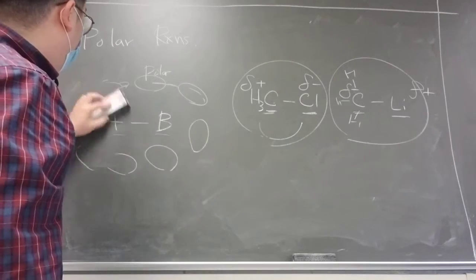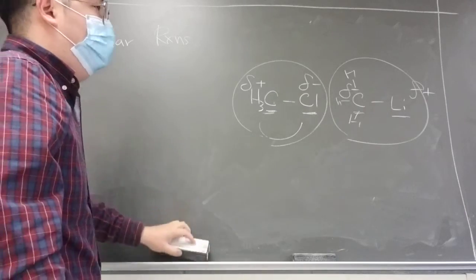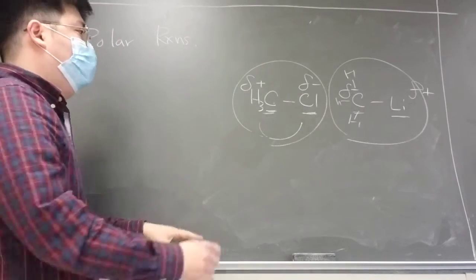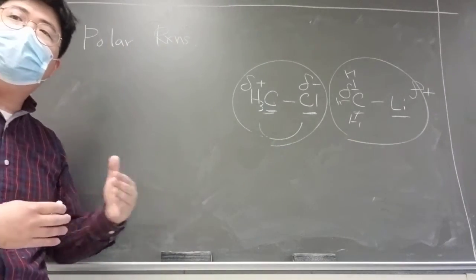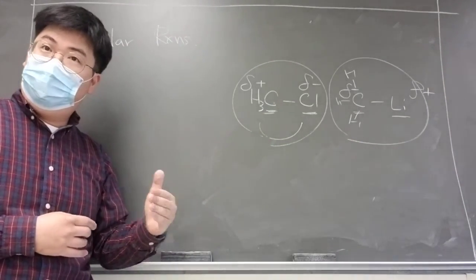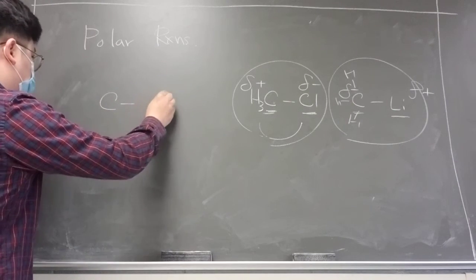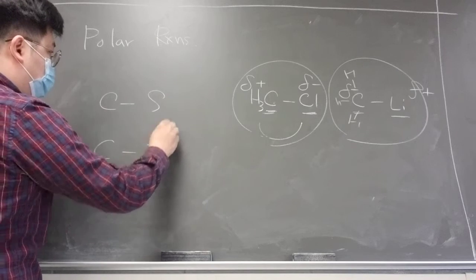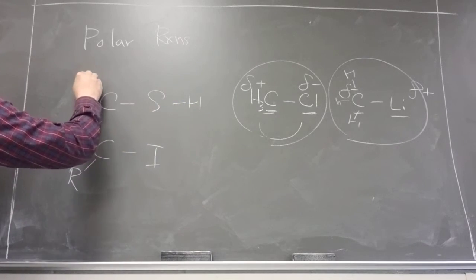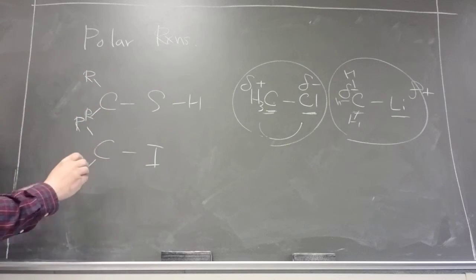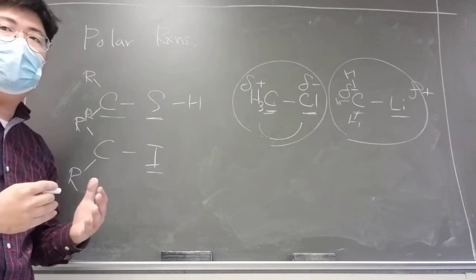I'll give you one example here. I'm telling you this because there are some exceptions to this. To be polar compounds, I just told you there has to be a difference in electronegativity, right? All right. But if you look at this one, those two, carbon and sulfur and iodine, are the same in electronegativity.